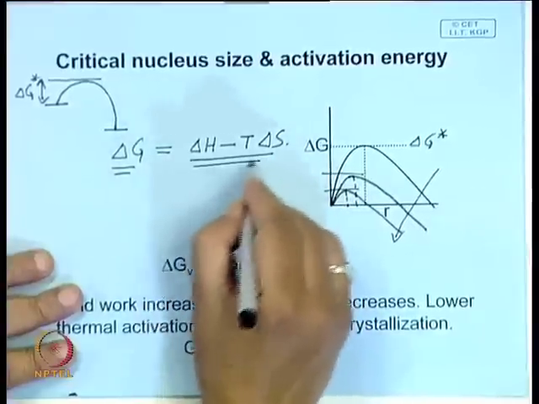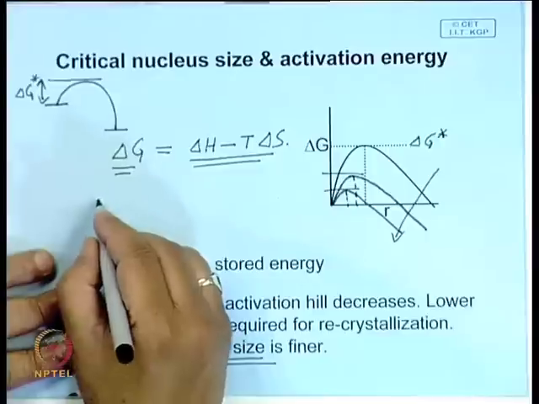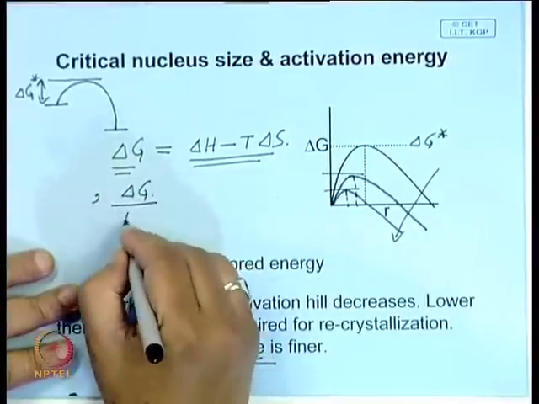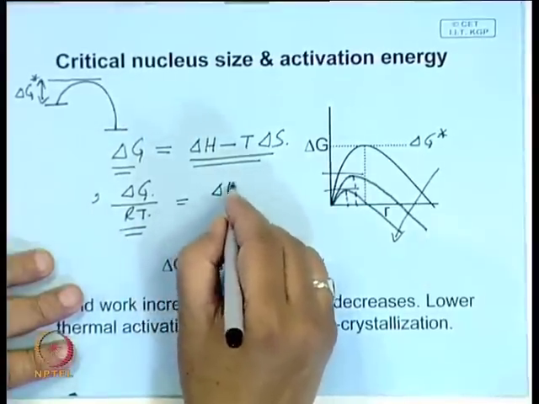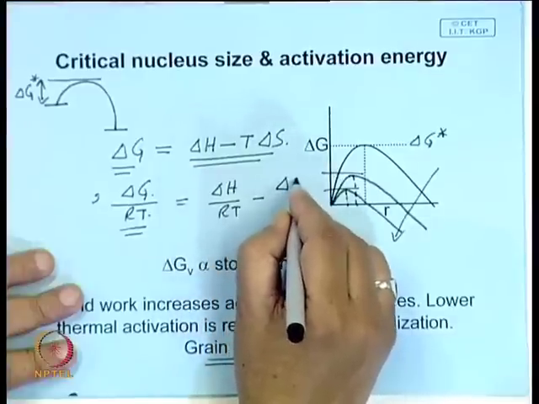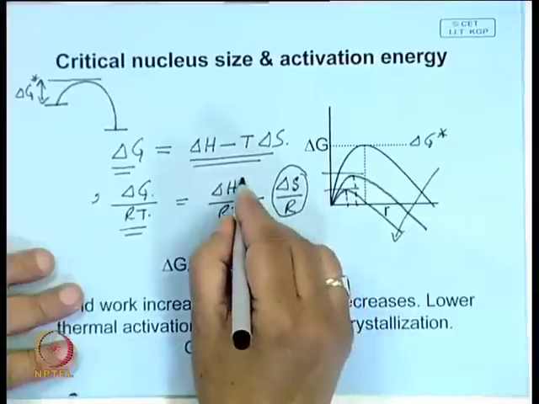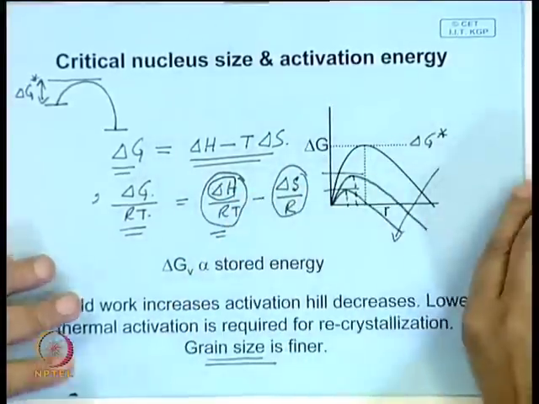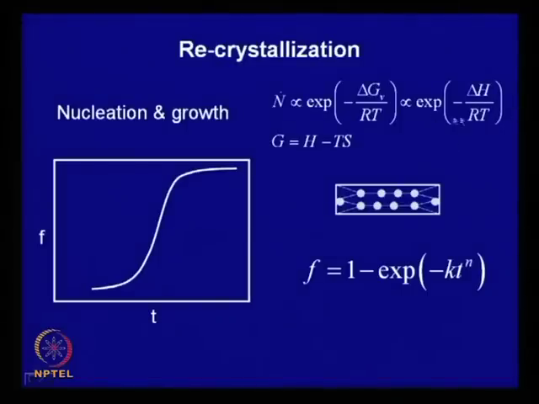When you split the two, there is a pre-exponent term: delta G by RT becomes delta H by RT minus delta S by R. The pre-exponent term does not depend on temperature, only the other part is temperature dependent, and this is called the activation energy of recrystallization. This is what is shown over here.